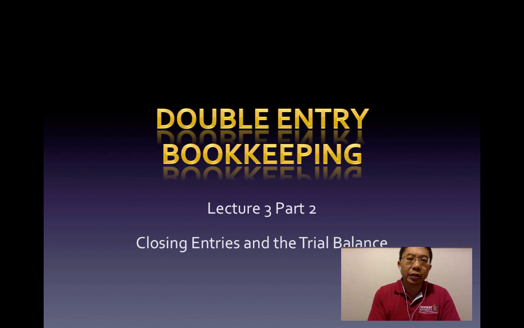And we will also discuss a particular process and a document that we use called the trial balance, which is a checking device, a control device that is used to check whether the accounting equation has been met, the duality principle has been met just before we prepare the financial statement. So we will look at closing entries and the trial balance.